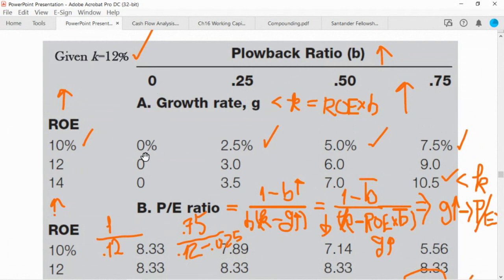If the return on equity is 12%, 14%, under different plowback ratios, we have these growth rates.